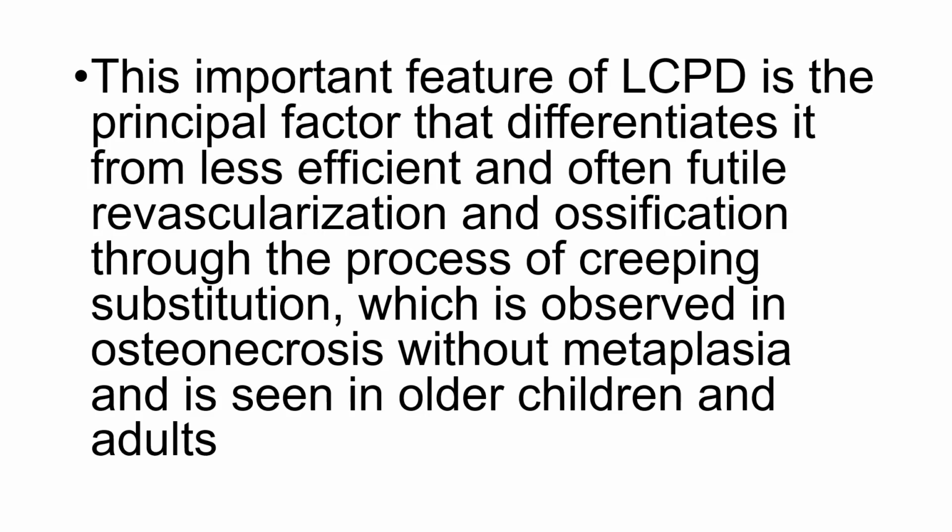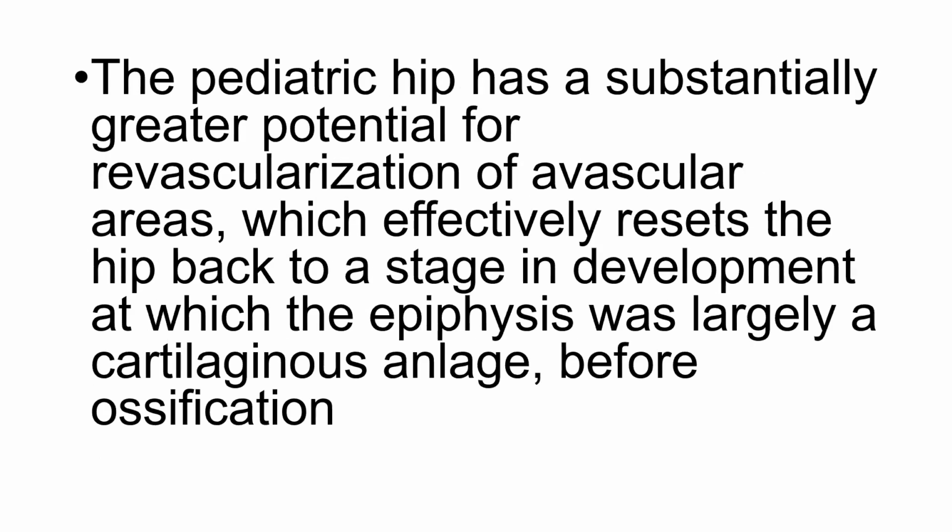The pediatric hip has a substantially greater potential for revascularization of avascular areas, which effectively resets the hip back to a stage in development at which the epiphysis was largely a cartilaginous anlage before ossification.